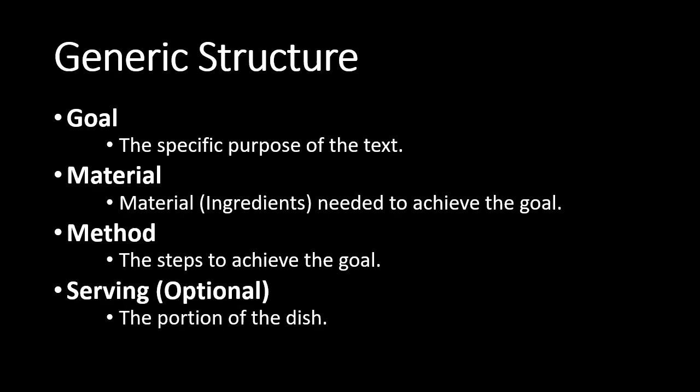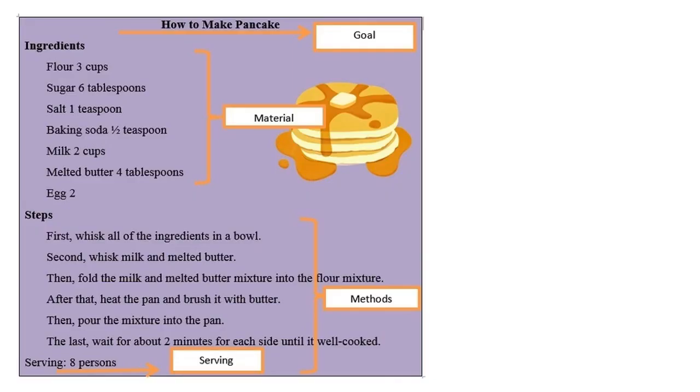Okay. Now, let's talk about the generic structure first. But before going further to this generic structure, let us see this one. Okay. How to make a pancake. Ini adalah salah satu contoh how to make pancake.